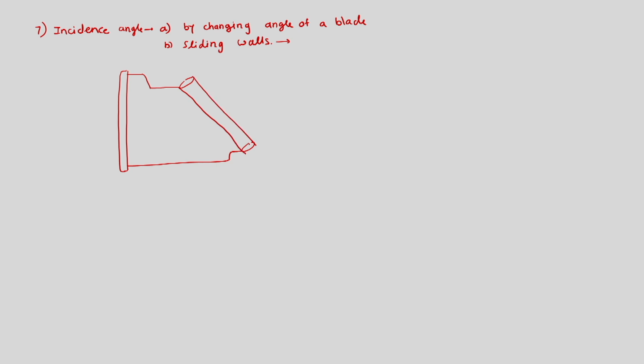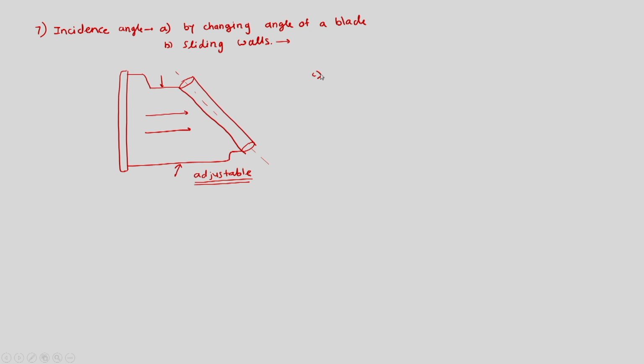So, this is the conventional way by which we would mount the cascade. This is the velocity vector, and this is the direction in which the cascade is at this moment mounted. But if we keep this wall and this wall adjustable, then we can change the orientation of the cascade and hence the inclination.